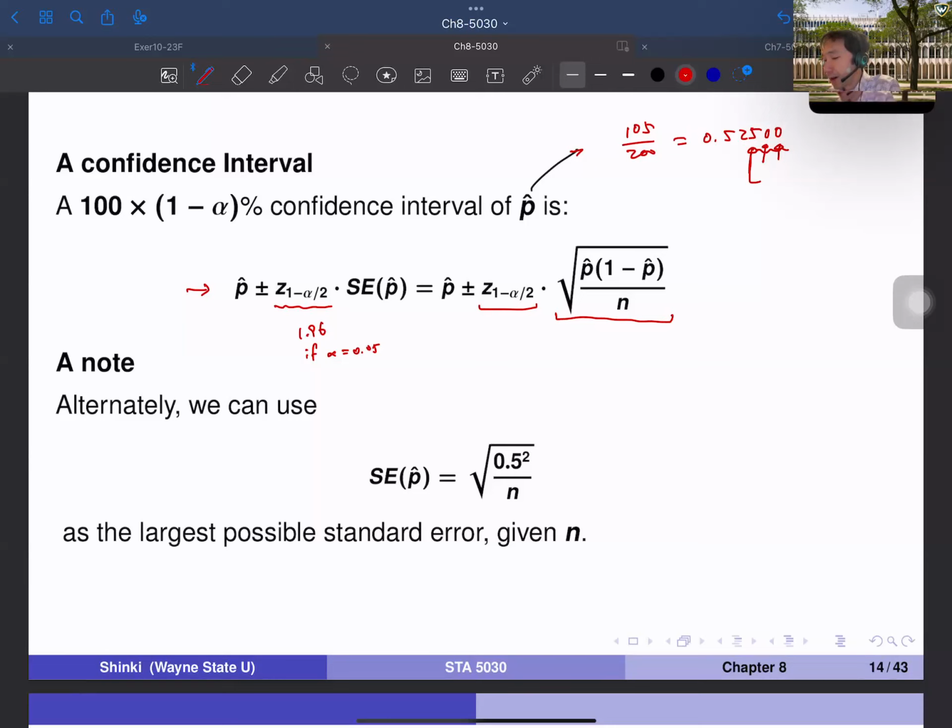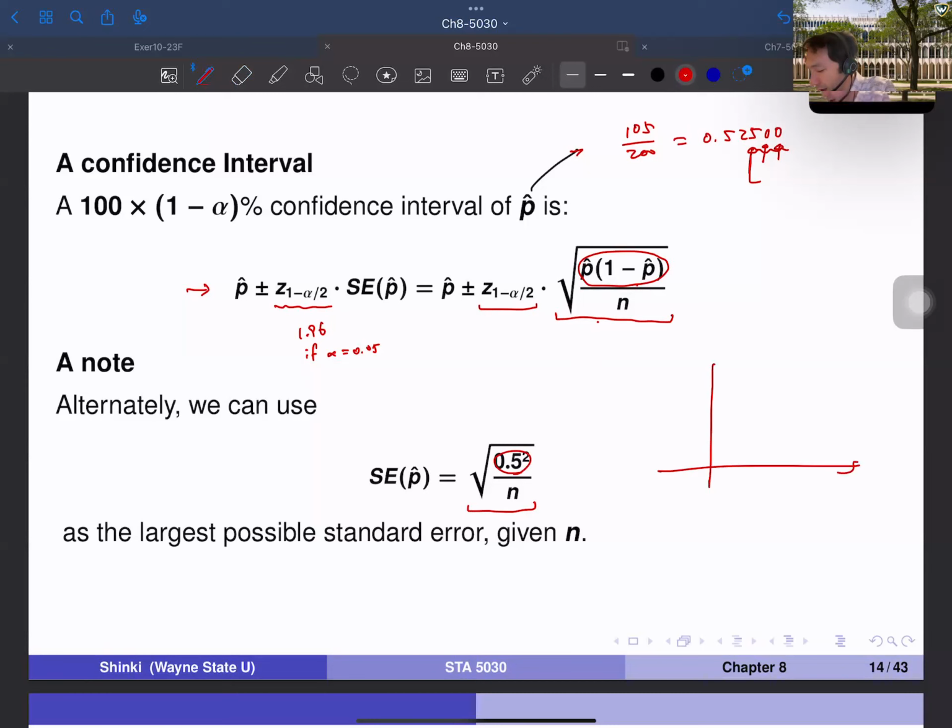And some people prefer more conservative methods, and they replace the last factor with the square root of 0.5 squared over n. This is slightly larger than the square root of p hat times 1 minus p hat over n, because this is the maximum value for this quantity. So p times 1 minus p is maximized at p equal to 0.5.